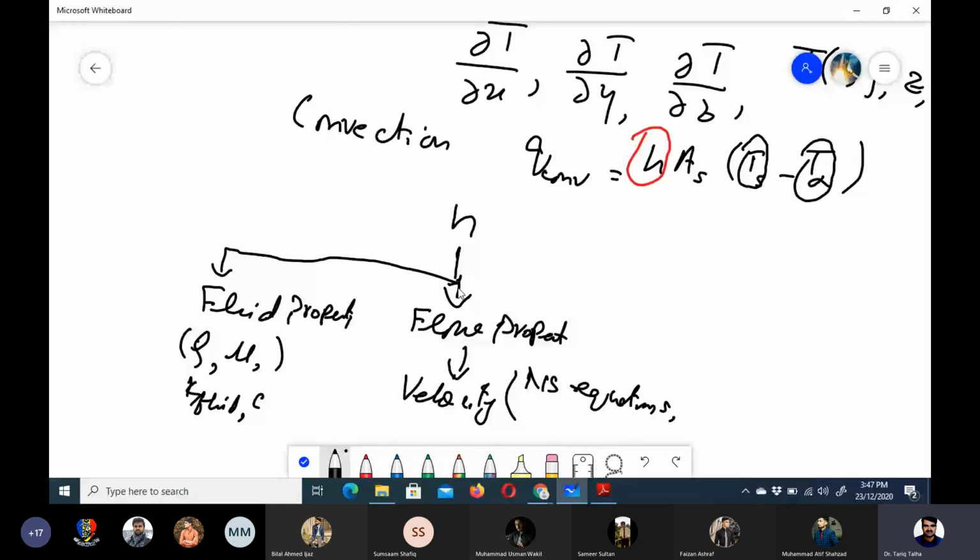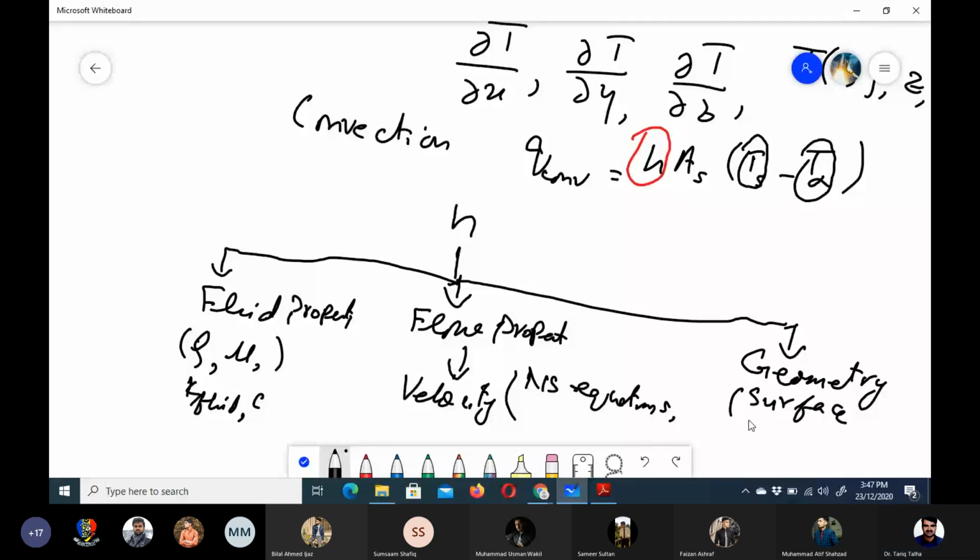So h is also velocity dependent, and the third thing it depends on is the geometry of that solid, that is, whether there is some surface roughness. If there is surface roughness, the h value will be a little different from a well polished surface. So these are the three things on which h depends. You can easily see that we cannot define h for some liquid, right?